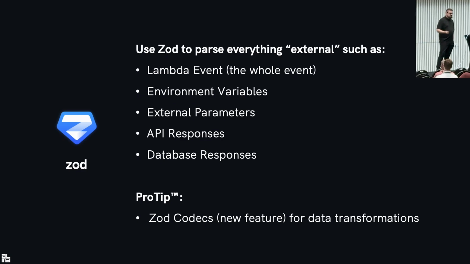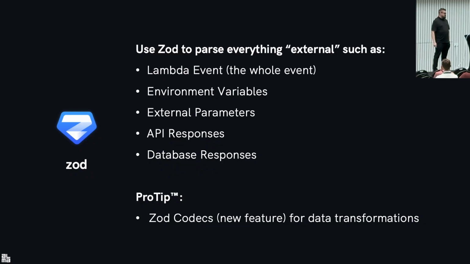Environment variables, external parameters, API responses from HTTP endpoints that you might be calling, database responses, etc. So pretty much everything I use Zod to parse. And a pro tip, they just released this new feature called Codex, which is pretty nice for data transformations.